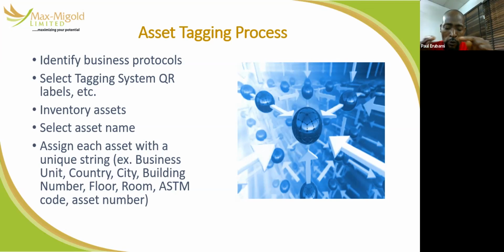Because if you are talking about total cost of ownership, that means you have to include the cost of planning, the cost of installation, the cost of commissioning, then the cost of disposing of that asset after the asset is dead. That is total cost of ownership.